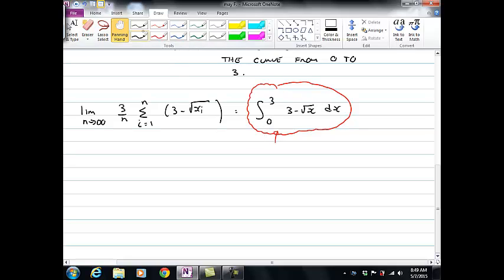So here's what the fundamental theorem of calculus says. Here's what the theorem states.